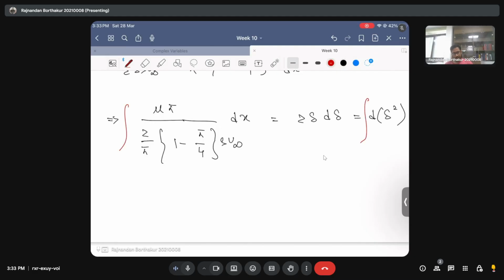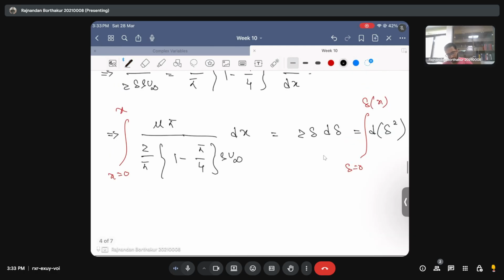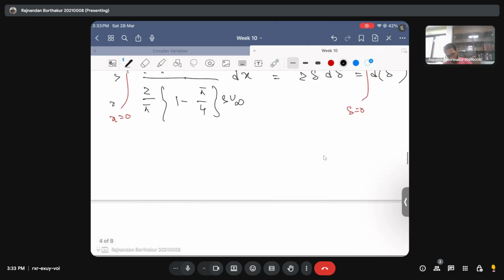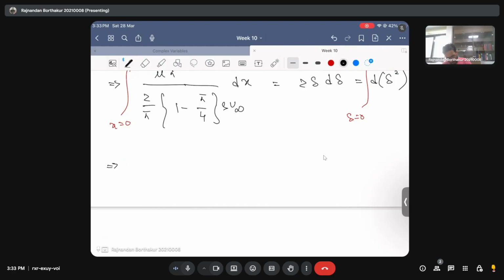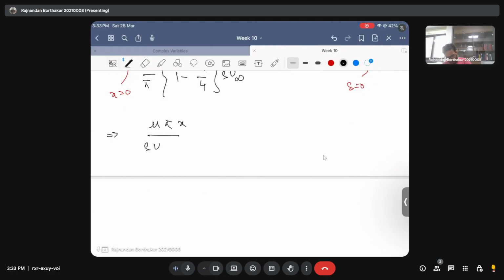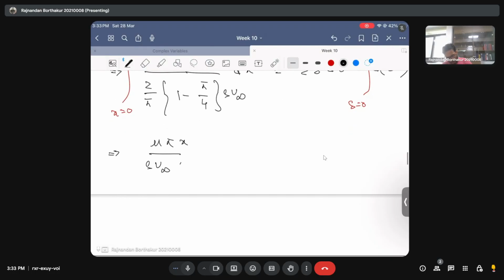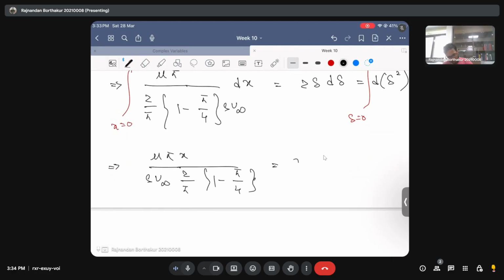So when x is equal to 0, I know that delta is 0. When x is equal to some arbitrary x, delta is equal to some delta of x. So then what will we get? We'll get this as mu pi x by rho u infinity, and this is 2 by pi times 1 minus pi by 4, and then this is delta squared.